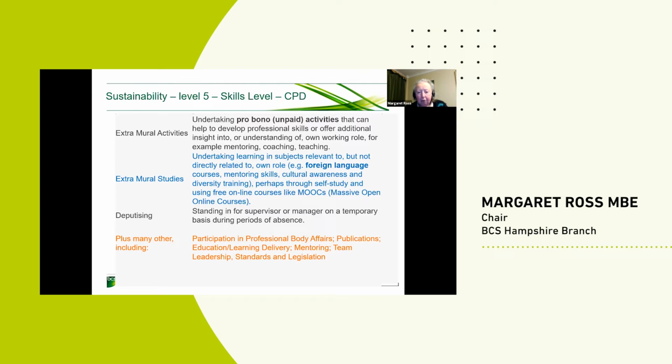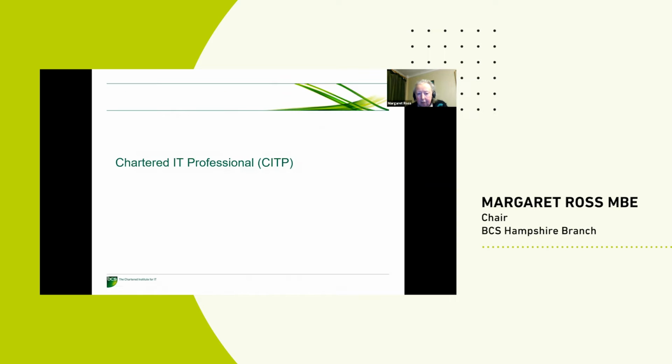At chartered level, probably some pro bono, unpaid activities that possibly link into computing, professional skills, maybe helping with some of the specialist groups, etc. You'll also have extramural studies that could be nothing whatsoever to do with computing. So you've got a whole range of things. You might be involved in deputizing if you're a leader. You might be getting more involved in some of the other sections. So there's a whole variety of things that you can link in with a particular cell at a particular level.